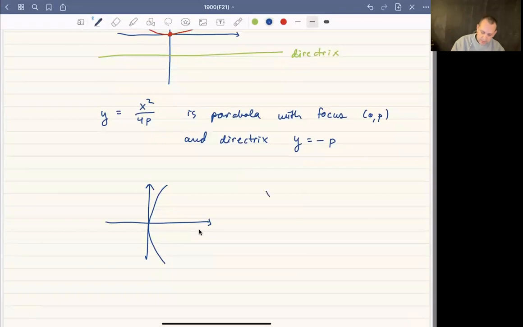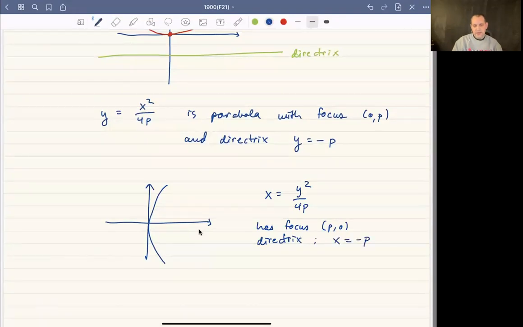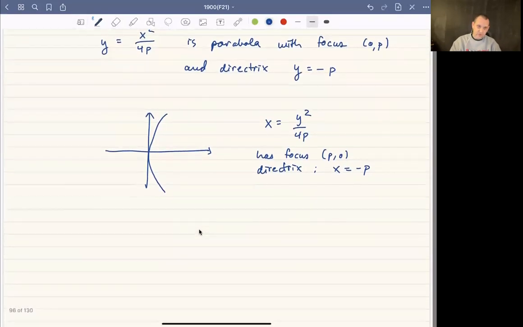So this is the parabola x equals y squared over 4p, and that has focus (p, 0). Again, you just switch the roles of x and y, so the directrix is x equals negative p.